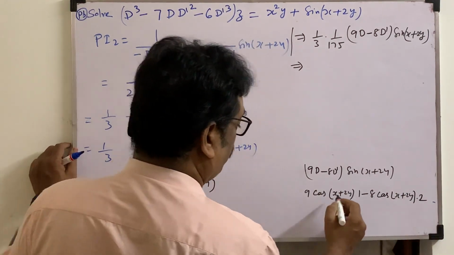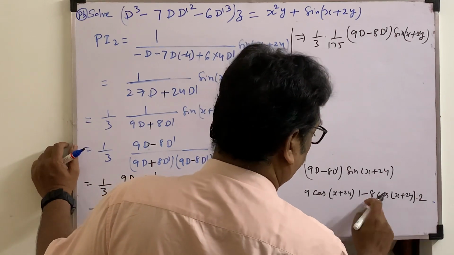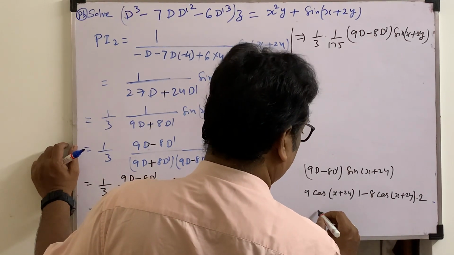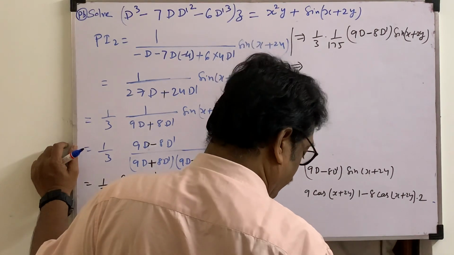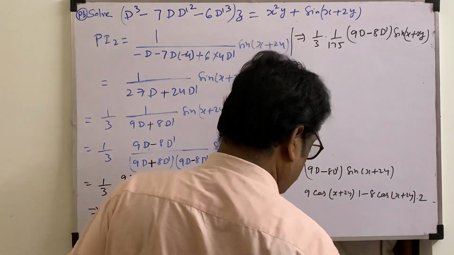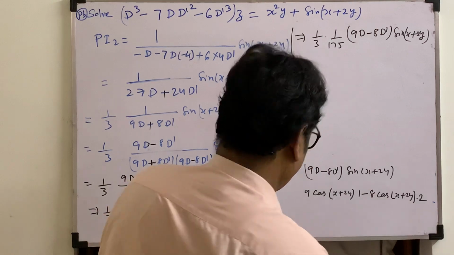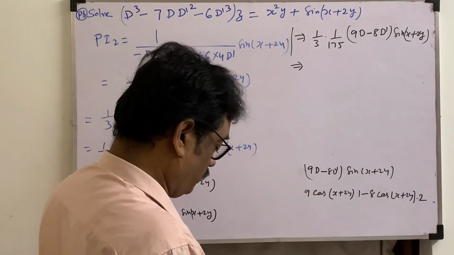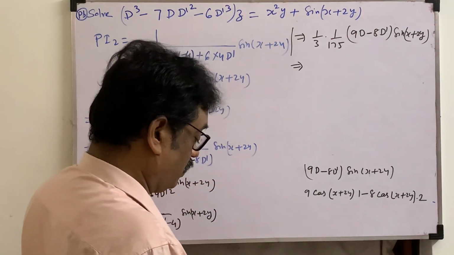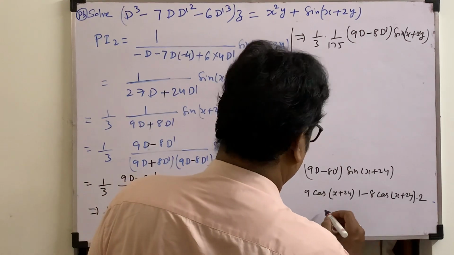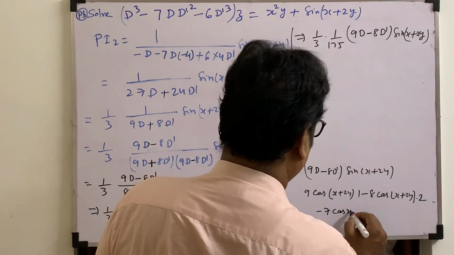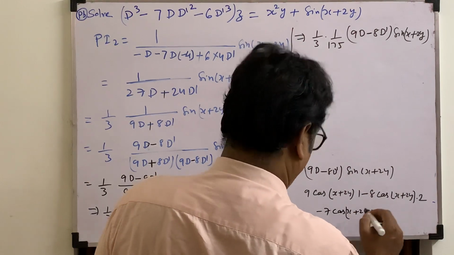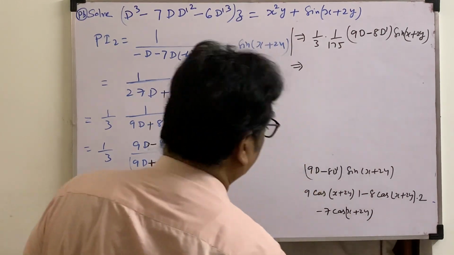So how much will come? 9 minus 16, which is minus 7. Finally it will come minus 7 cos x plus 2y.